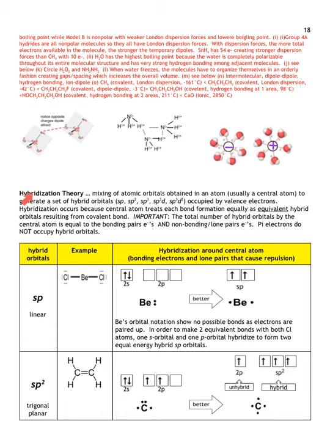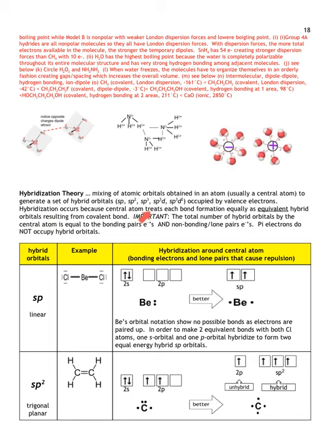The mixing, the hybridization, actually generated a new set of hybrid orbitals called sp, sp2, sp3, sp3d, and so on and so forth. And they're occupied by valence electrons that are shared between the atoms.